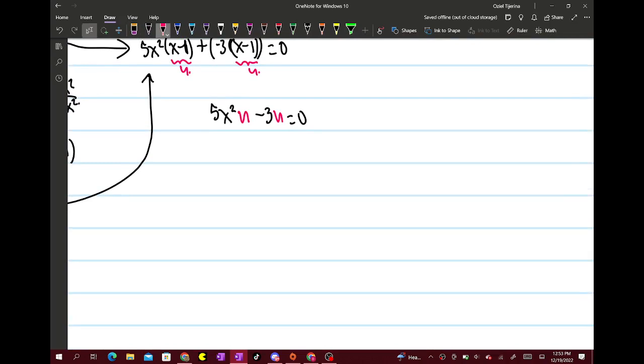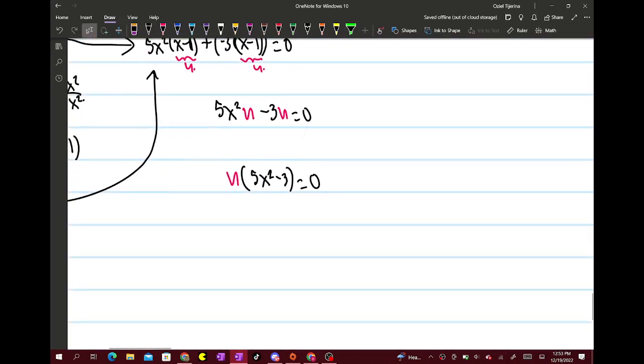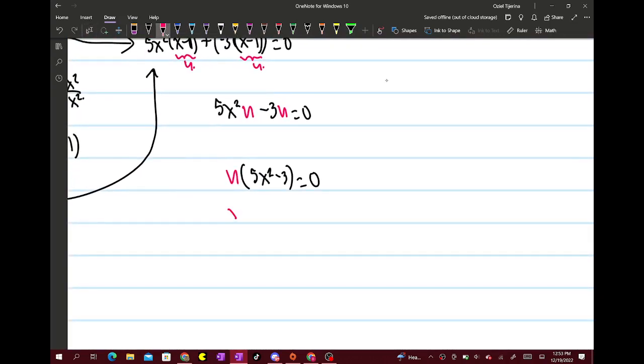So then u can be factored out, so u times 5x squared minus 3 equals 0. And we know that u is x minus 1, so x minus 1 times 5x squared minus 3 equals 0.